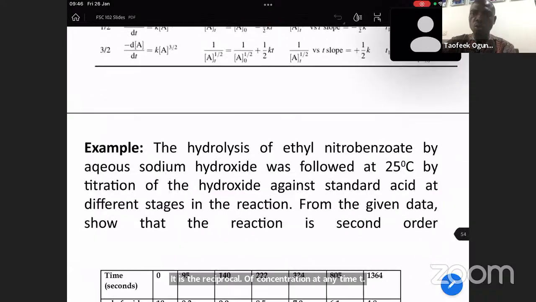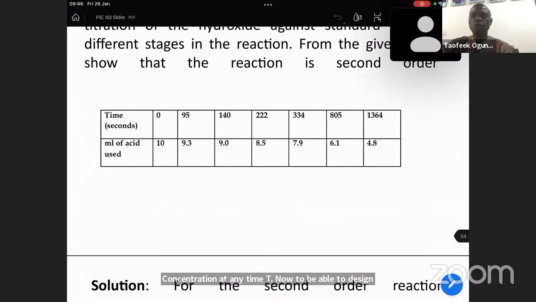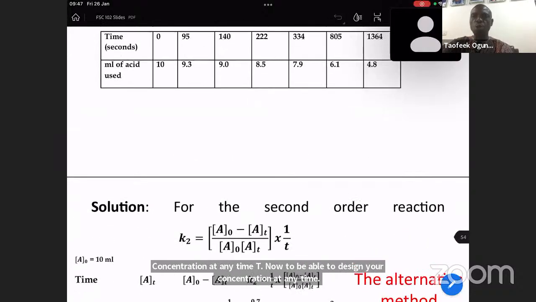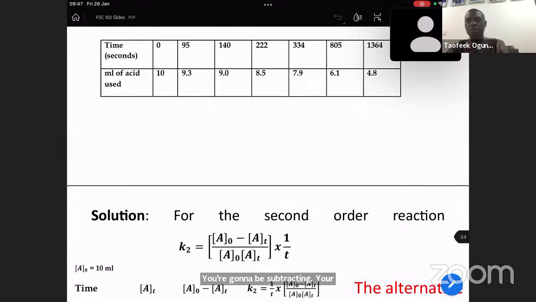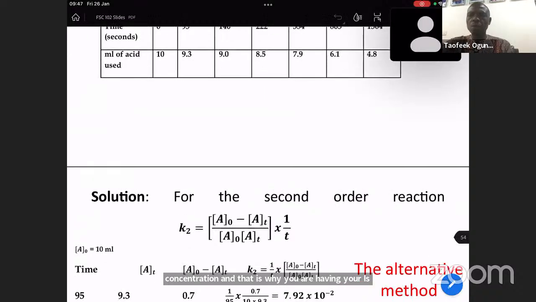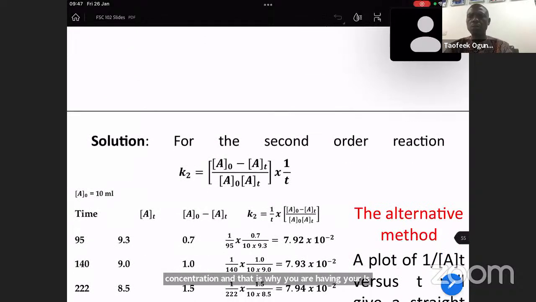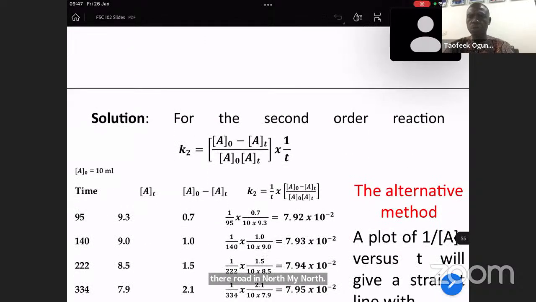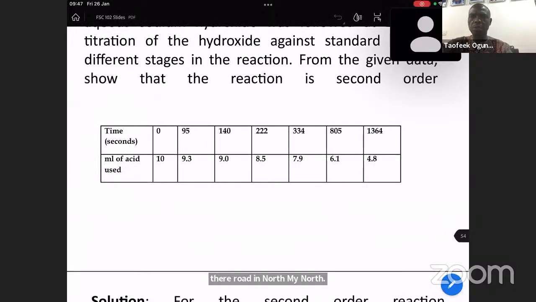Now, to determine your concentration at any time t here, you subtract your final concentration from your original concentration. That is why you have A0 minus A.